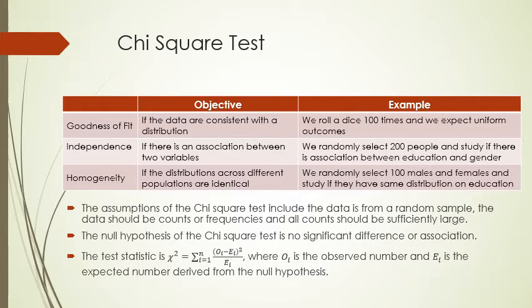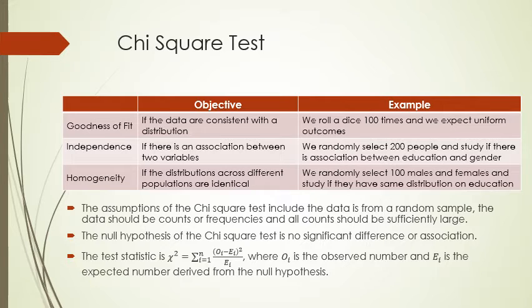The assumptions of the chi-square test include a random sample. The data should be able to be summarized in counts or frequencies, and all counts should be sufficiently large. A common practice is that all counts should be larger than 5.